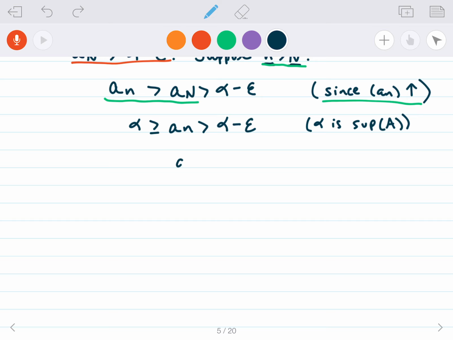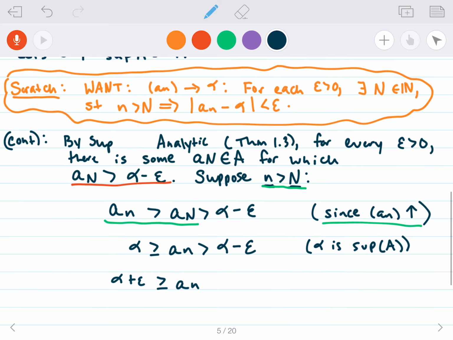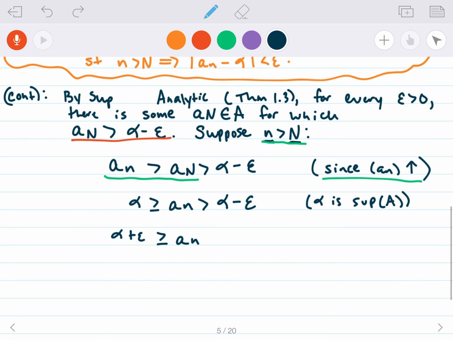We're trying to get it symmetrical on both sides of the inequality so that we can use those inequality properties to bring in our absolute value up here. Okay, so this is going to be bigger than alpha minus epsilon.